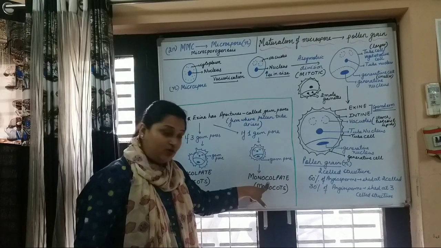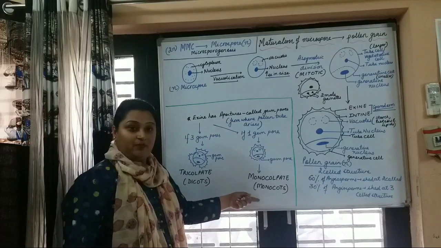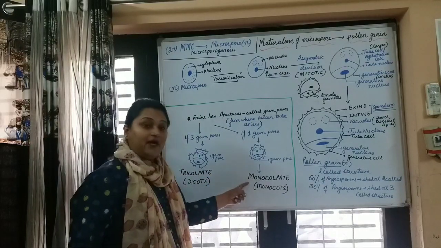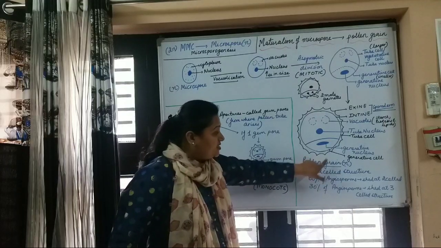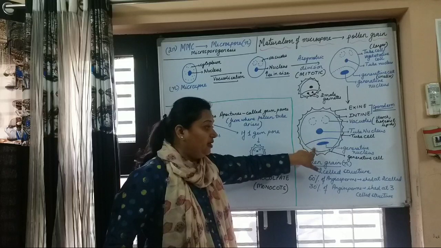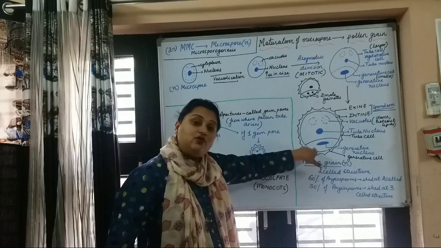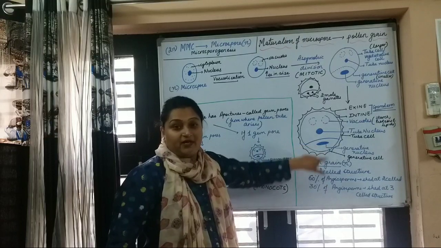Is that very clear to you? So you have to remember tricolpate and monocolpate. When the pollen grain develops into this structure, soon it goes onto the stigma and a male gametophyte is formed.